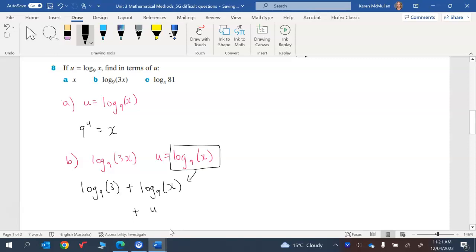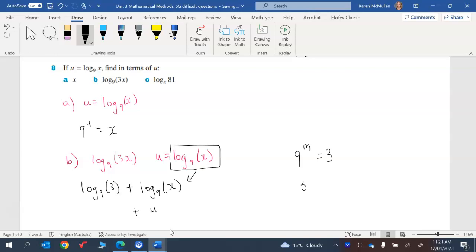Now the log base 9 of 3, remember, means 9 to the power of something. So let's call it m, so 9 to the power of m is equal to 3. Even though it's not a hard one to do, and you could probably already tell it's going to be a half, if you're solving, get your bases in the same number.